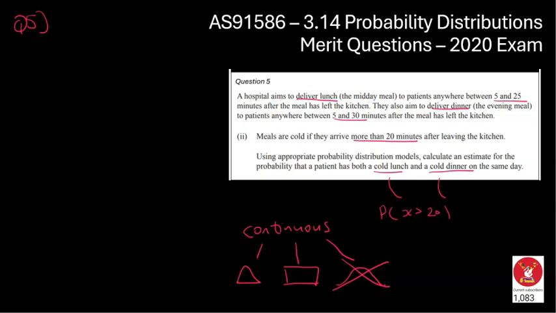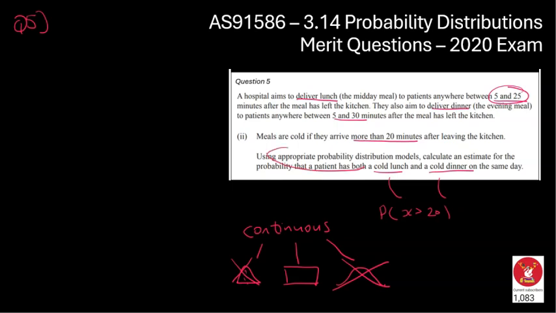And for a triangular distribution to be relevant, you've got to have the peak, and we don't have the peak. So that probably means we're using a uniform distribution, and that means it's equally likely to come out from the kitchen anywhere between 5 and 25 for the lunch case, and 5 and 30 for the dinner case. So hopefully that makes sense. That's why I'm thinking it's going to be a uniform distribution.